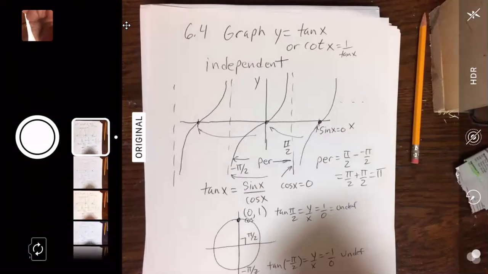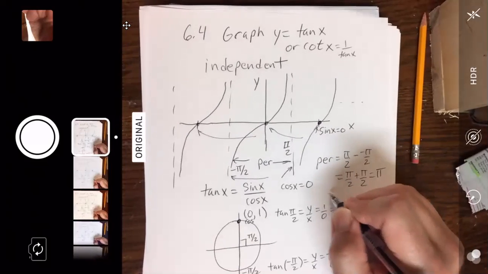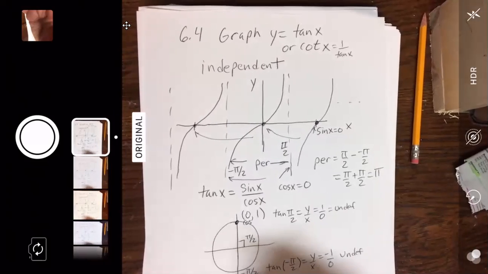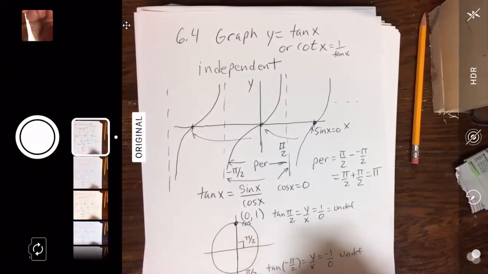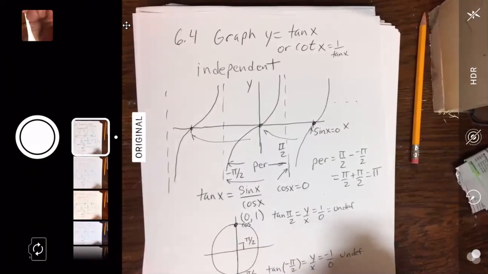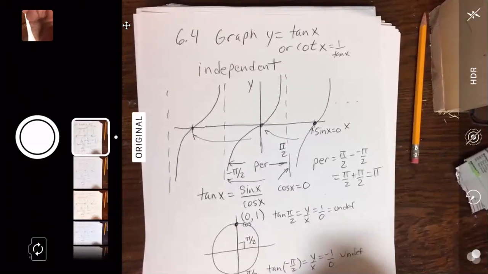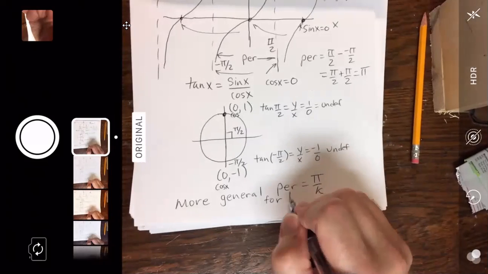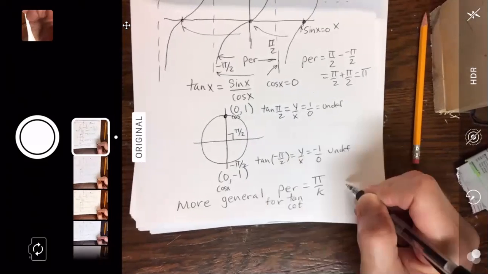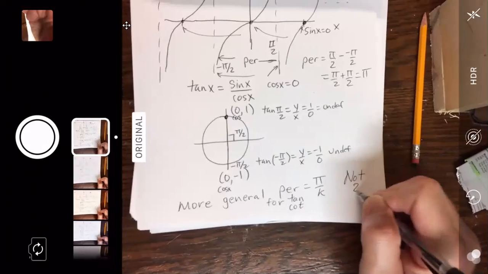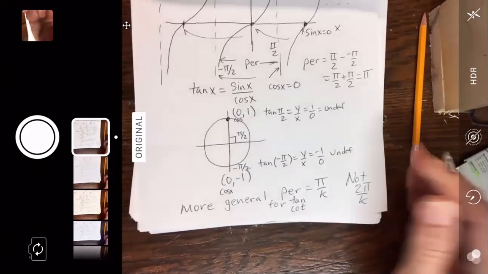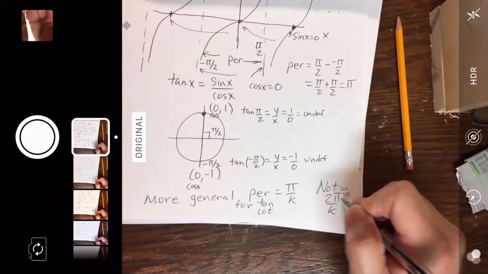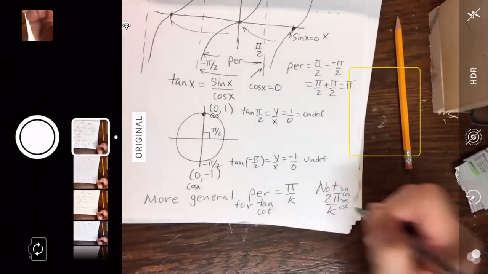And generically then, more general, period is pi divided by k for tangent and cotangent, not 2 pi over k. That is for sine, cosine, secant, cosecant: 2 pi over k.